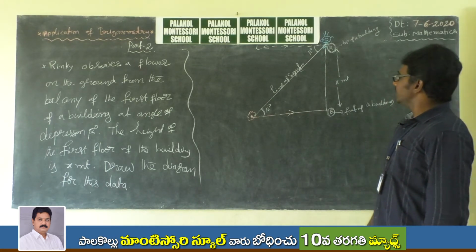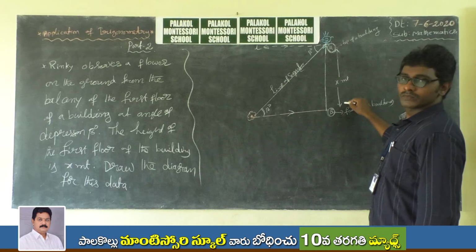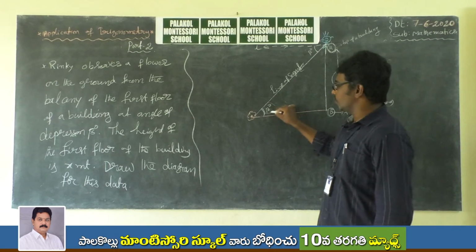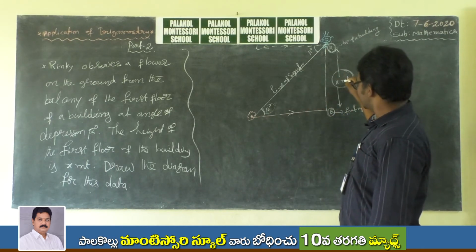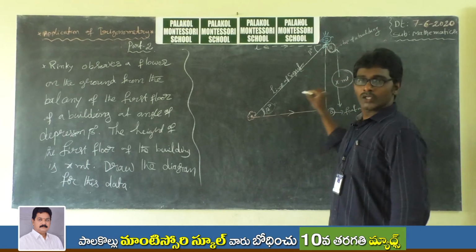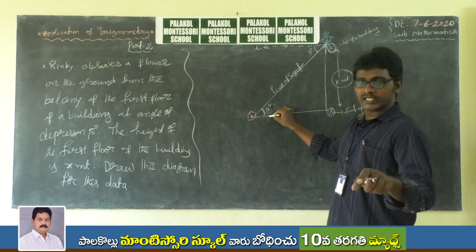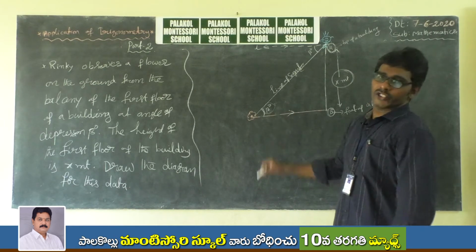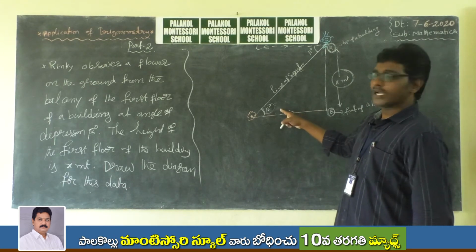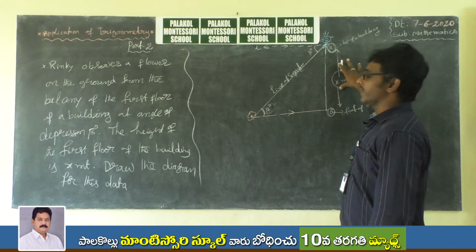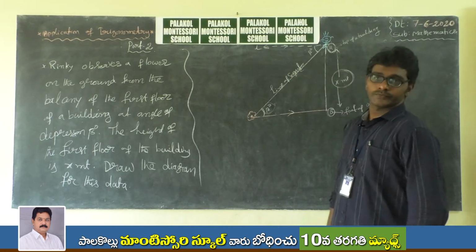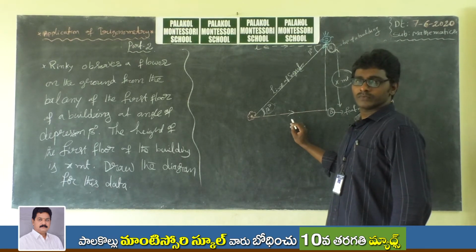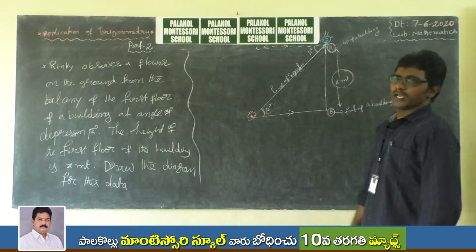You find the height of the building, which is the unknown value. Choose the appropriate trigonometric ratio relating the unknown and known values. So tan beta is equal to opposite side by adjacent side.